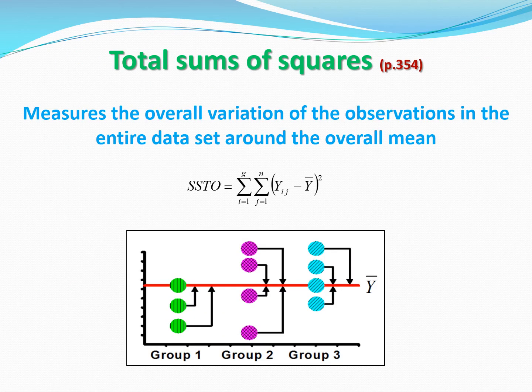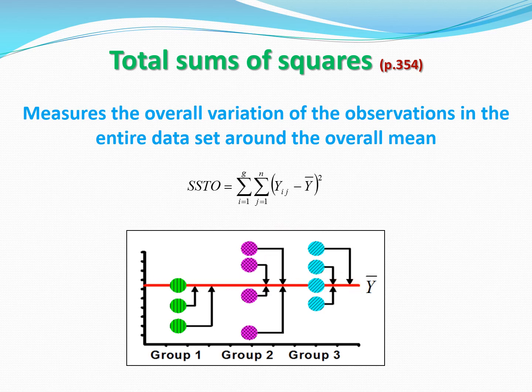The first measure of variation is the total sum of squares, and as I indicated previously, this measures the overall variation of the observations in the entire data set around the overall mean. If you look at it visually, you get the difference between the individual data observations, all the dots, and the overall mean.